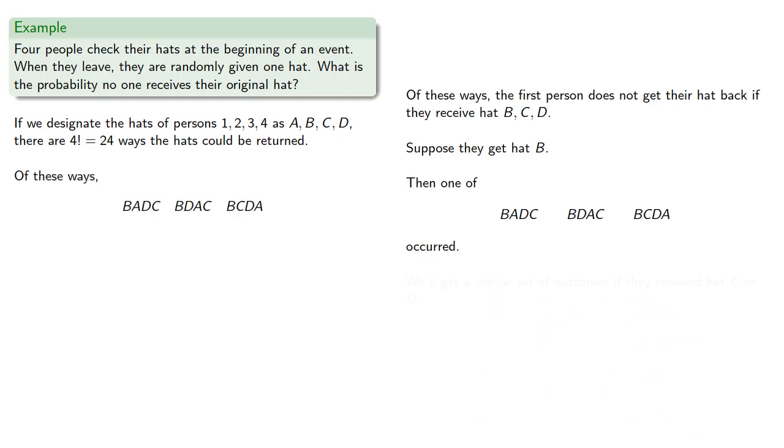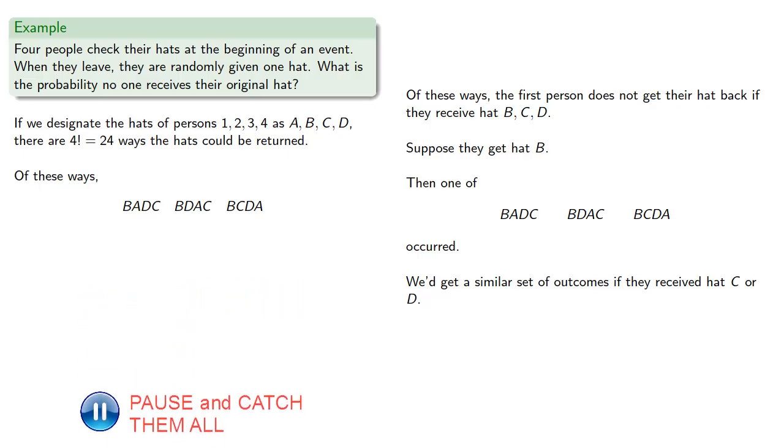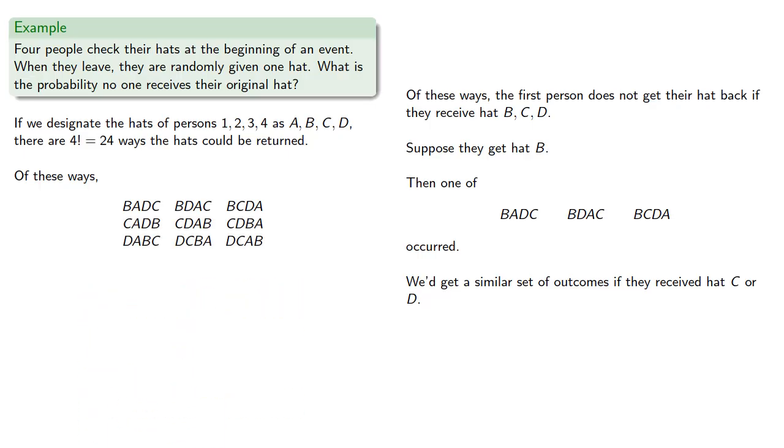We'd get a similar set of outcomes if they received hat C or D. And so there are 9 ways where nobody gets their own hat back, for a probability of 9/24, 0.375.